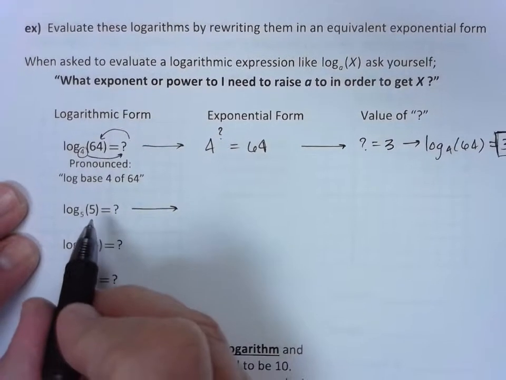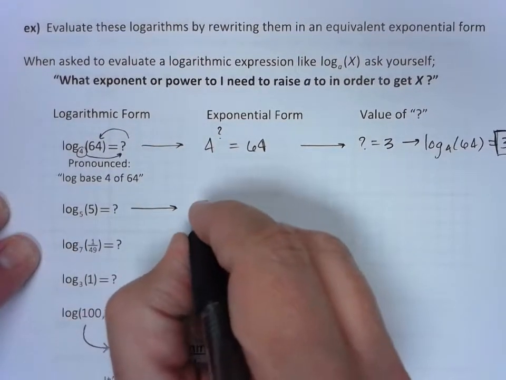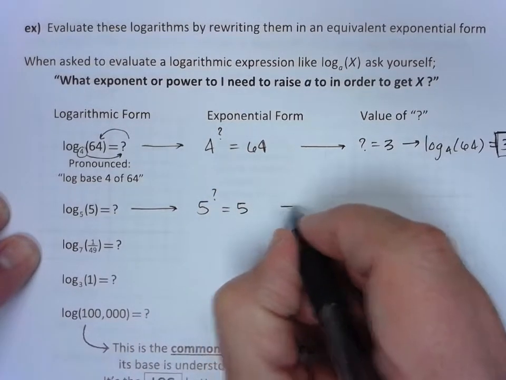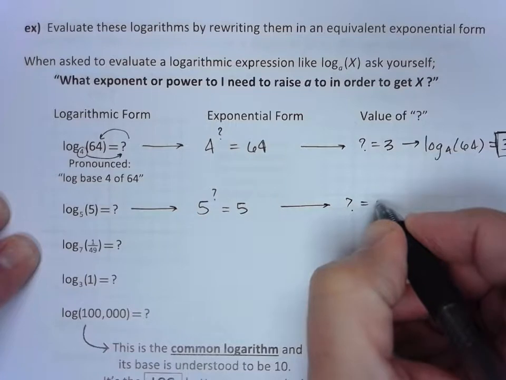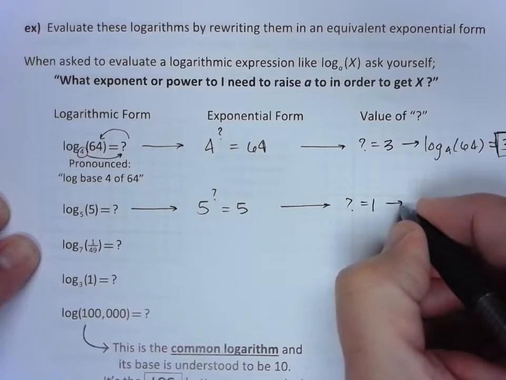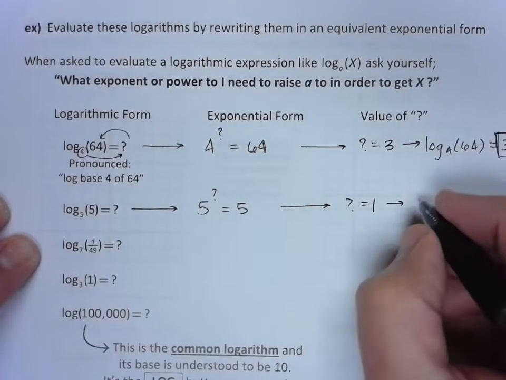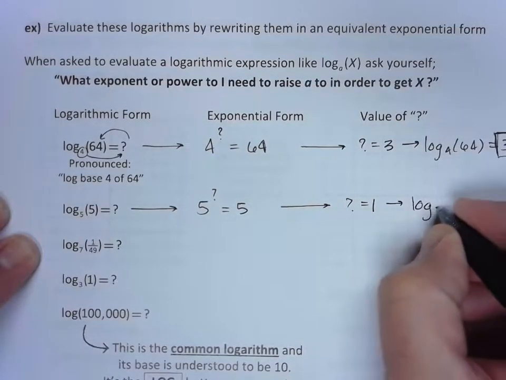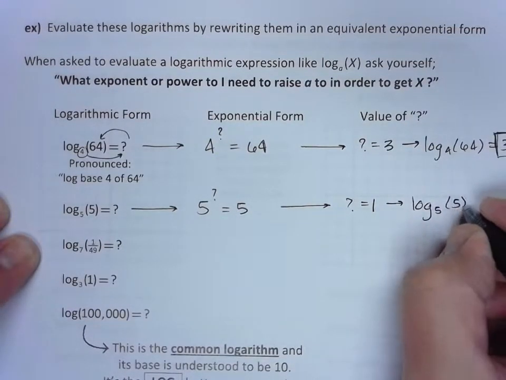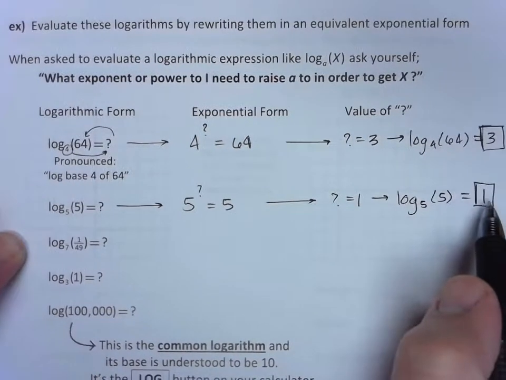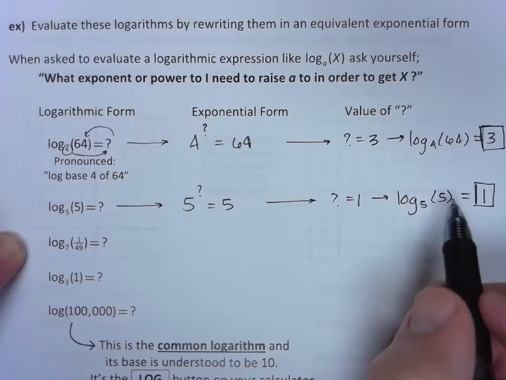I'm asking myself 5 raised to what power keeps me at 5? Well, in that case, the question mark would equal just 1. Anytime you take a log of a number that's the same as the base, that's always going to return the exponent 1. Remember, logarithms equal exponents, and in this case 1 is the exponent you would need to put on the base 5 to make it stay 5.